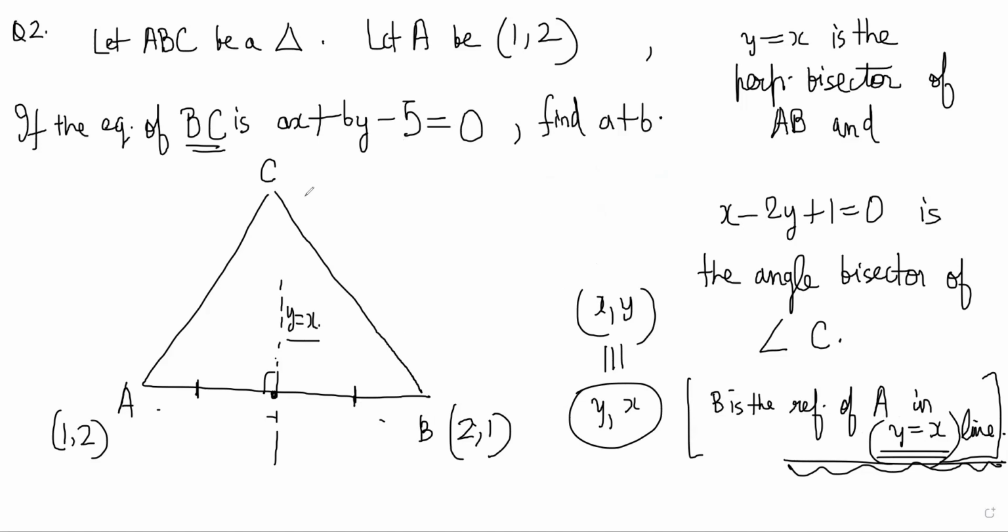And similarly, now, let's rub off this. If you think about the angle bisector, what we know is a point on this is also equidistant from this, right? So any point on this can be flipped like this and it will become a point here.